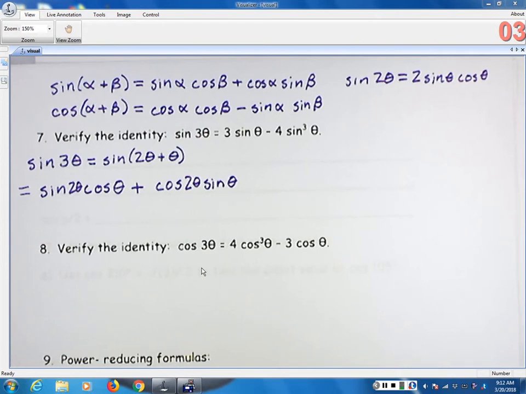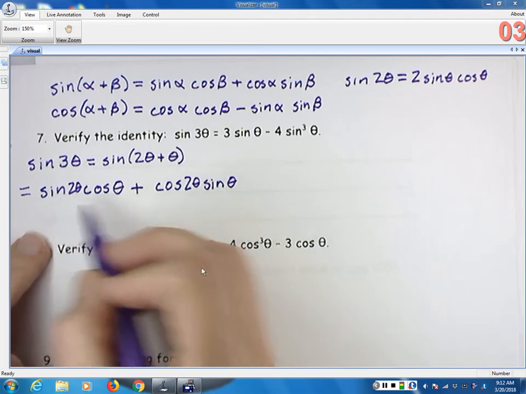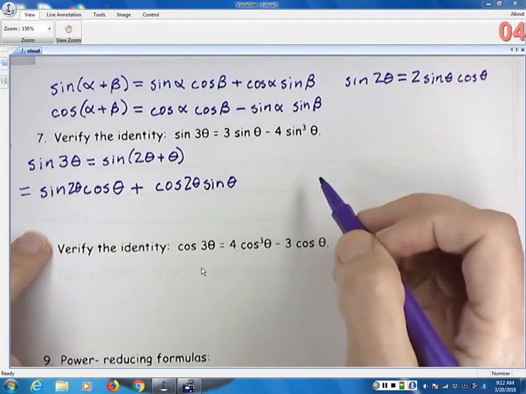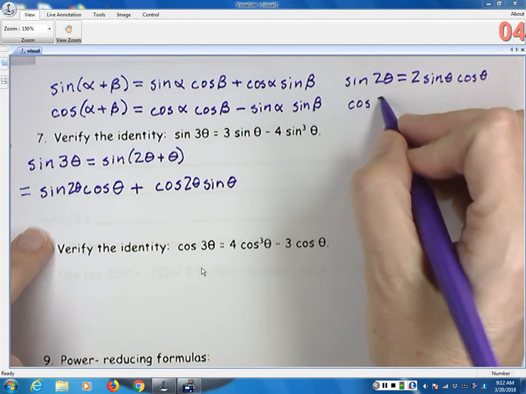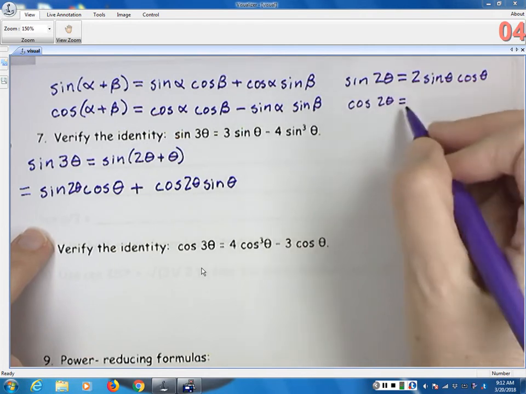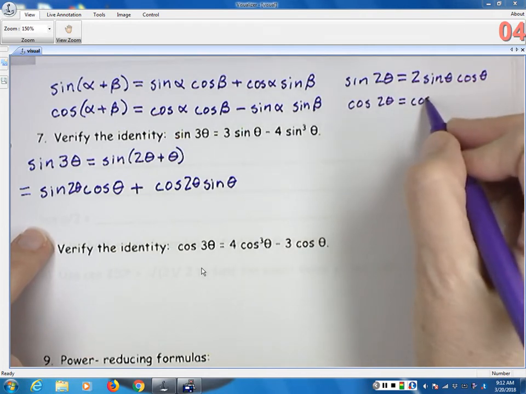Okay, so we're going to replace sine 2 theta with that, and then we have a double angle for cosine formula. Cosine of 2 theta equals all of these things. So we're going to pick the best one to use.